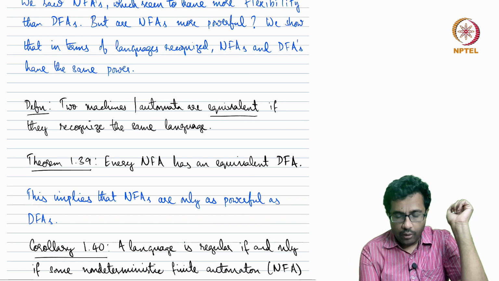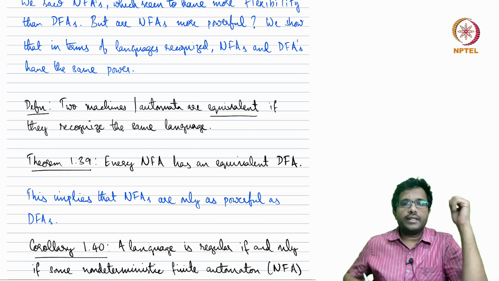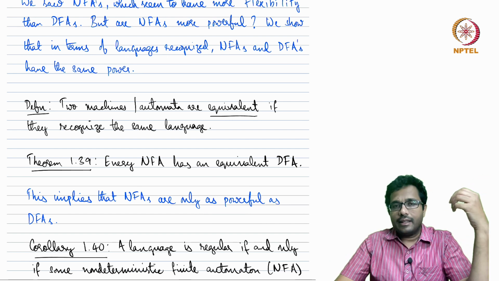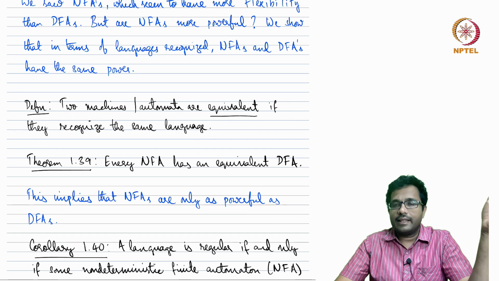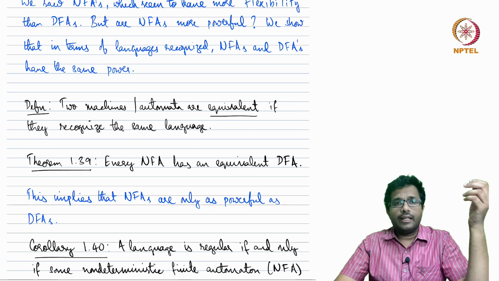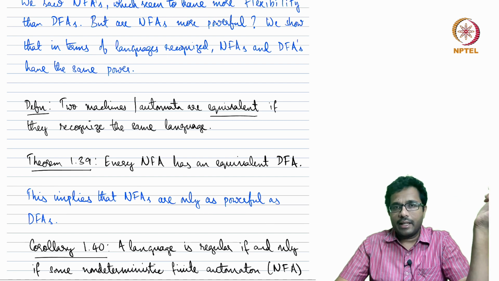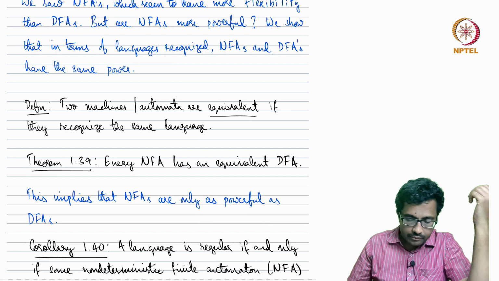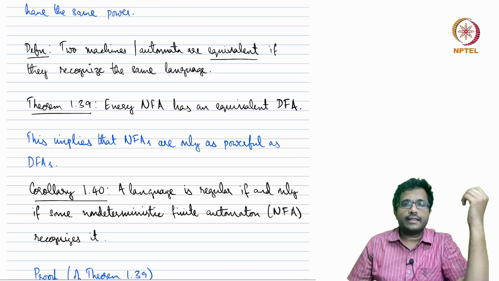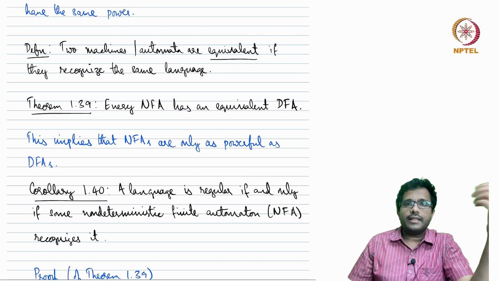So we first define what we mean by equivalence. When I say machines, I mean computation devices like NFA, DFA, automata. We say that two machines are equivalent if they recognize the same language. And the main theorem that we'll see in this lecture is that every NFA has an equivalent DFA.